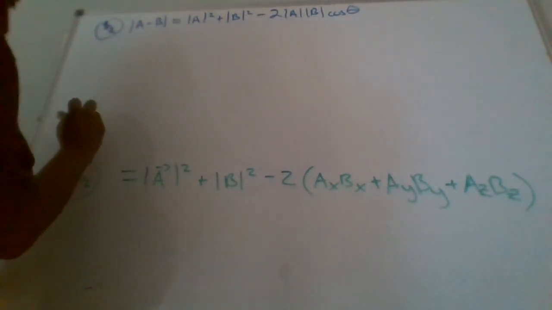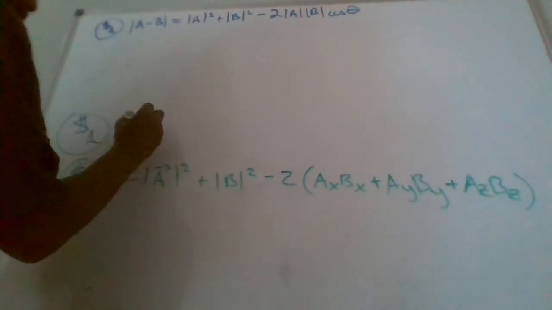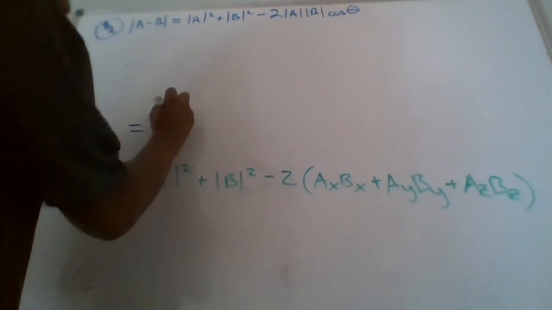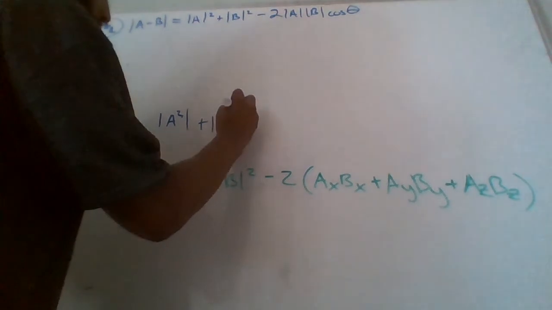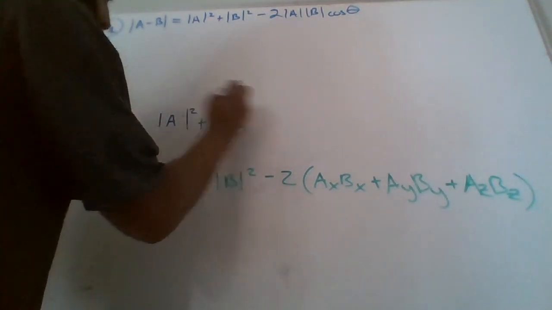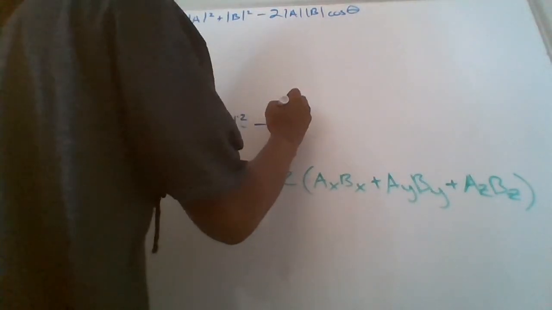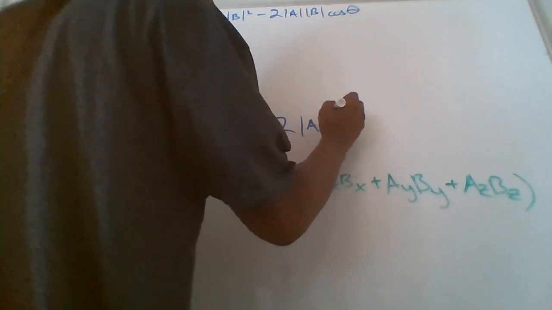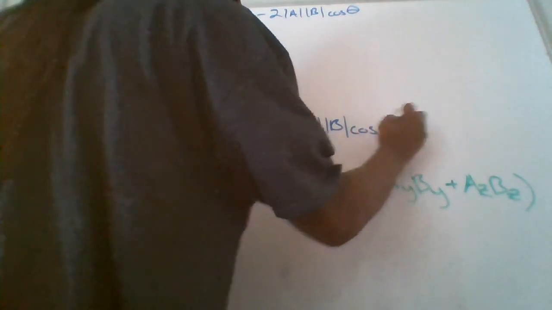So money 1, the term A minus B squared, was equal to the magnitude of A squared plus the magnitude of B squared minus 2 times the magnitude of A, magnitude of B, cosine of theta.